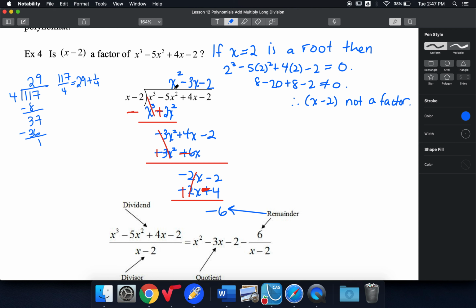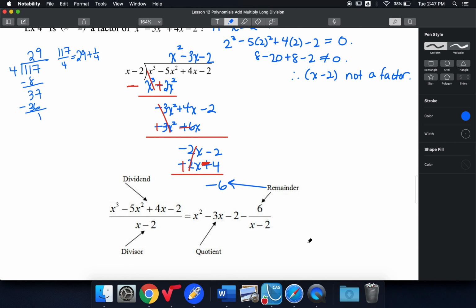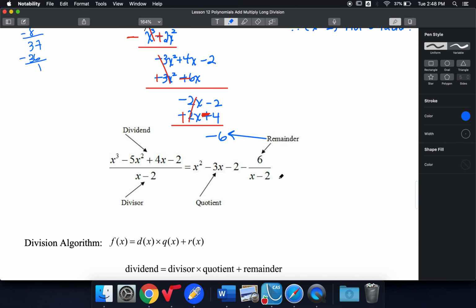So if I'm going to write out my division, I have x cubed minus 5x squared plus 4x minus 2 divided by x minus 2 equals the quotient, and then plus remainder over divisor, except I'll have plus negative 6 over divisor, x minus 2. So think about what this really means.